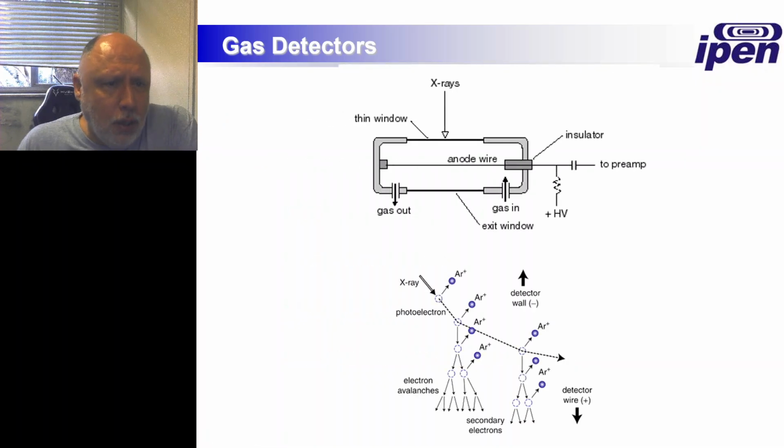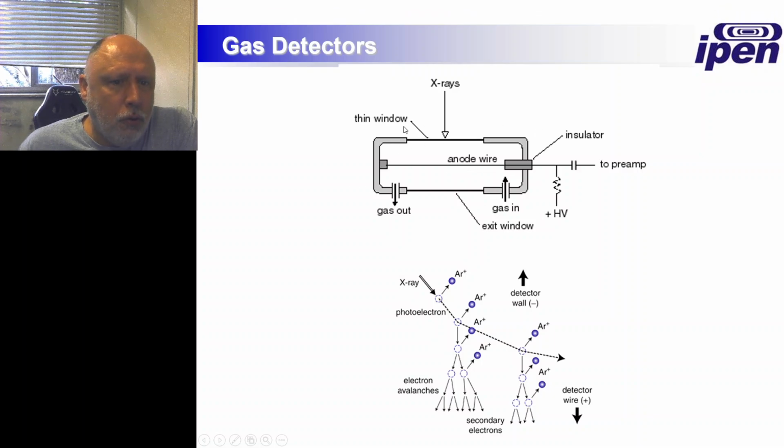They are essentially like this. You have here a canister with gas inside, right? In this case, the gas is circulating, entering here, leaving here. Sometimes you have it sealed. But what happens is, each time radiation comes in, it will produce a photoelectron, right? You have an ionization, and then you have an anode here.